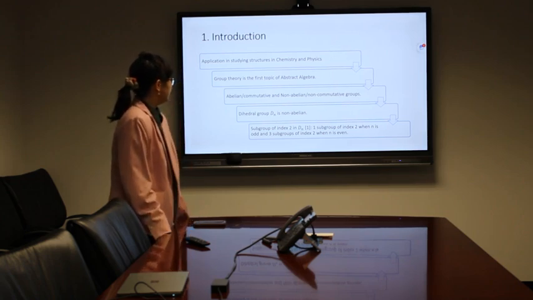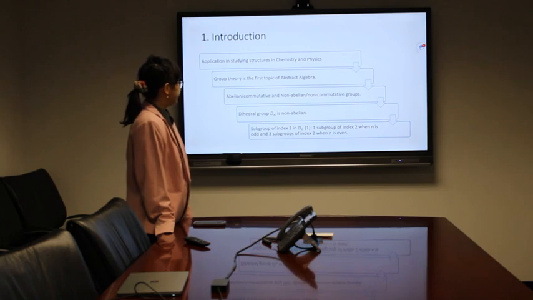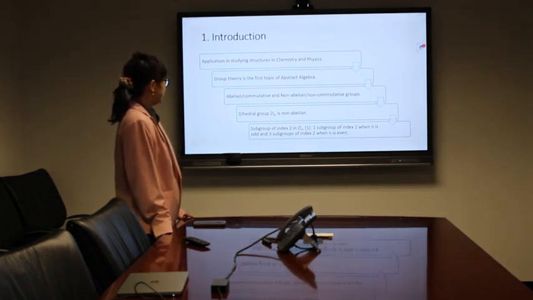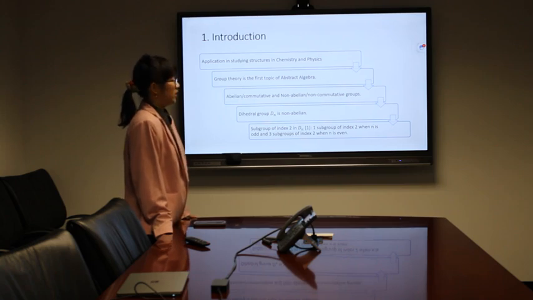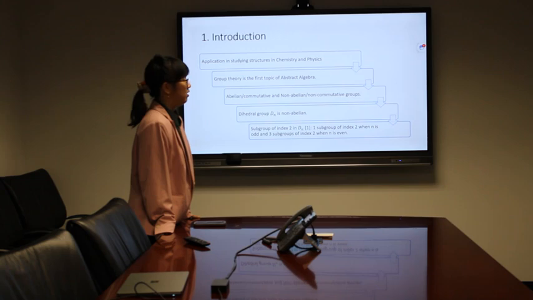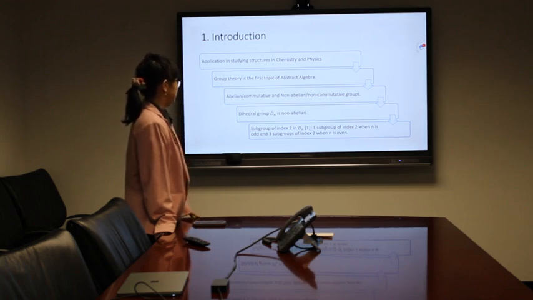When we're talking about groups, we often differentiate between commutative or abelian groups and non-abelian or non-commutative groups. Out of the non-abelian groups, the dihedral group Dn is one of the first non-abelian groups students often encounter during the first course of abstract algebra. Understanding the dihedral group can help build a solid foundation for more advanced concepts in abstract algebra.